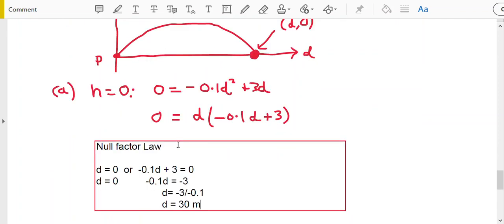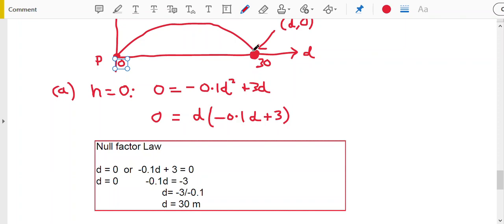Okay, so I've got two answers. Why have I got two answers? Because I've got an answer over here where the player actually is. There's one answer because the ball's on the ground right there, or at ground level, and then it's at ground level again after 30 meters.